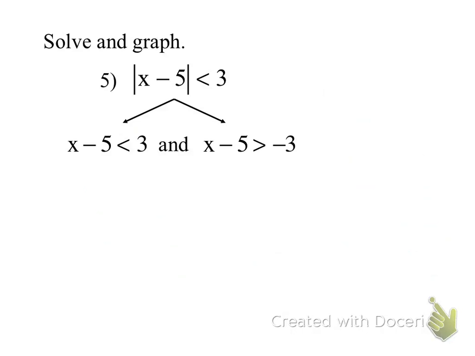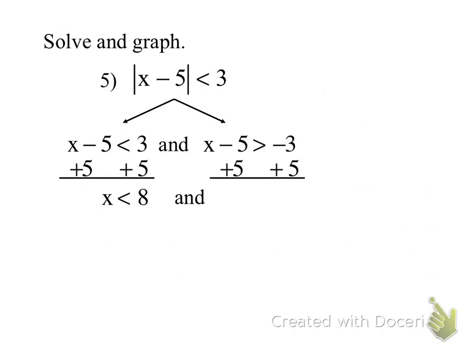Notice, less than is touching, so it's an and statement. Is this a conjunction or disjunction? Conjunction. And so is it an intersection or a union? It's an intersection. I'm going to add 5 to both sides.